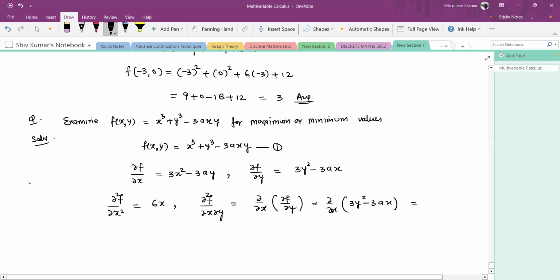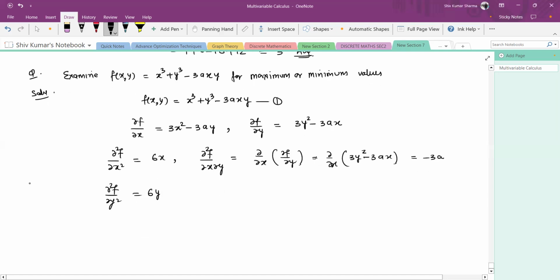So this gives us minus 3a. And del square f upon del y square, when we differentiate this with respect to y, gives us 6y. So these are the values. First value we write down as r, this is s, and this is t.